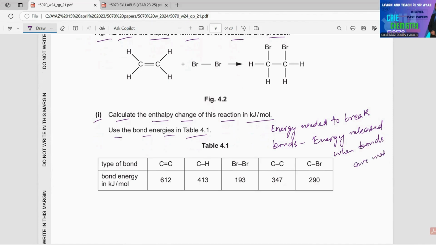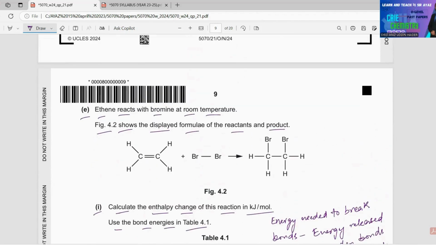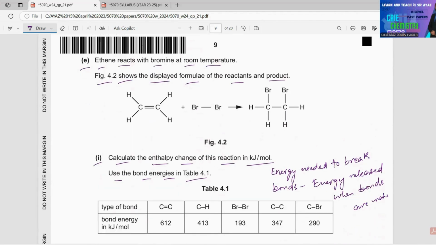So first of all, we'll see which of these bonds are broken. You see, C double bond C, it's broken. So we have one C double bond C here. And we also have Br bond Br. It's also broken. That's why we are getting the product here, which is dibromoethane.